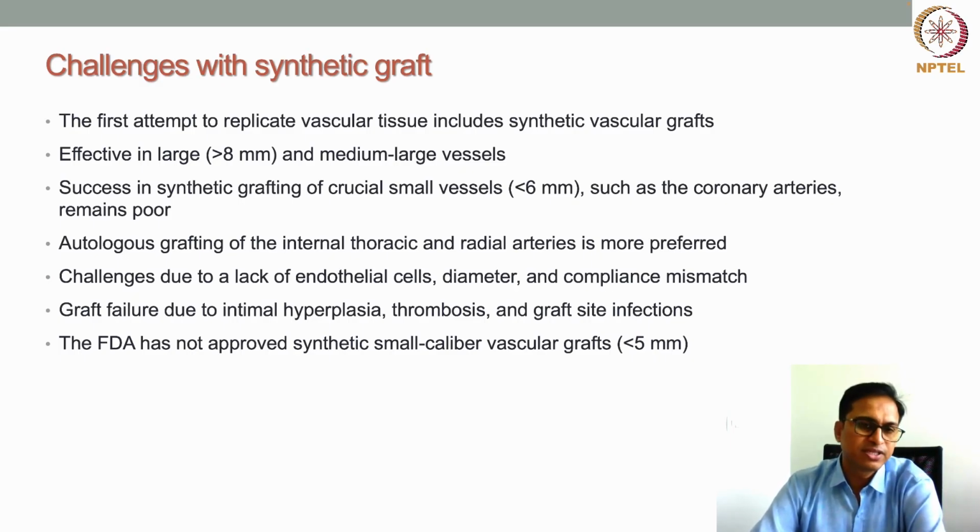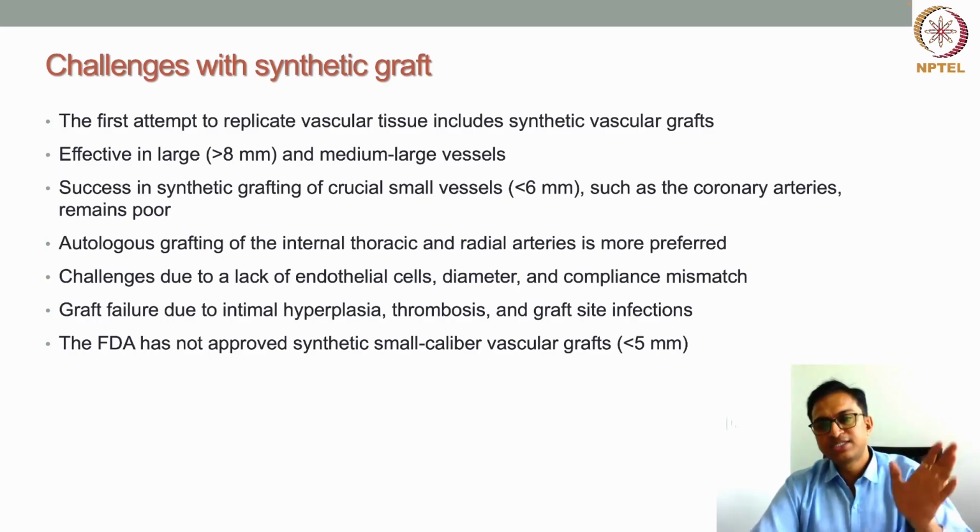This is very effective for large and medium-large vessels, where the size is more than 8 mm, but not so successful for small blood vessels, where the diameter is less than 6 mm.